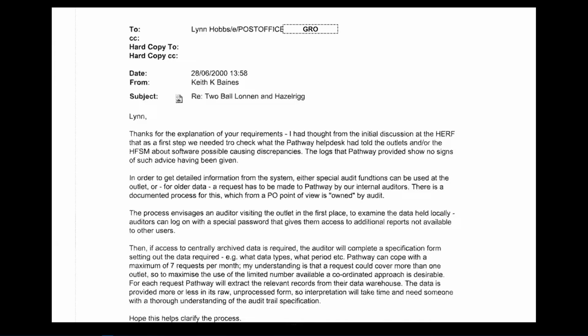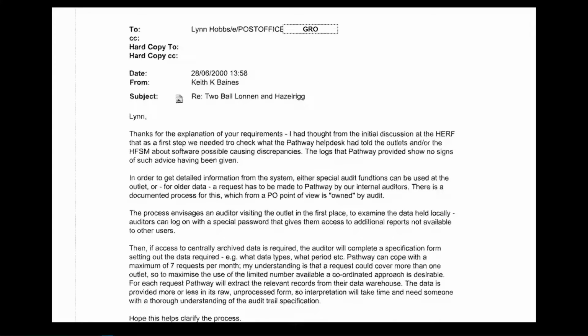I'm going to read on. It says, the process envisages an auditor visiting the outlet in the first place to examine the data held locally. Auditors can log on with a special password that gives them access to additional reports not available to other users. Do you think this might be a misunderstanding of the auditor's role, or do you think this is an accurate description of what an auditor could have done?